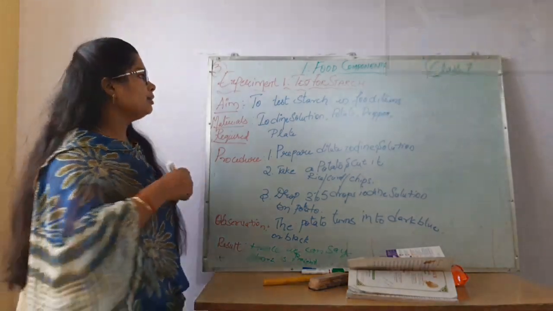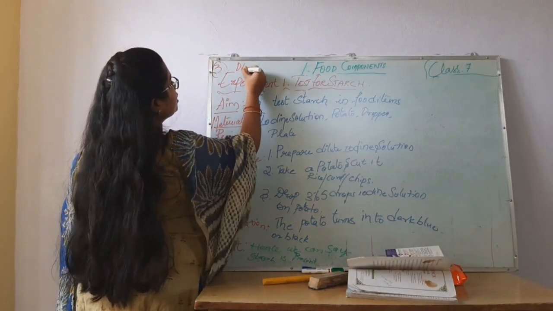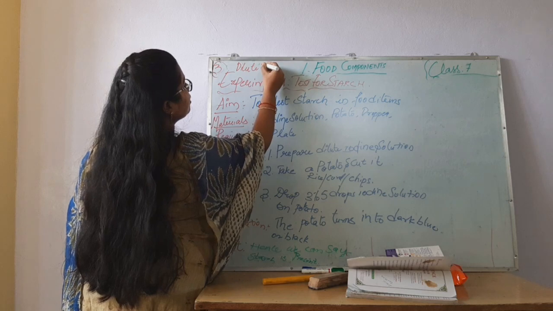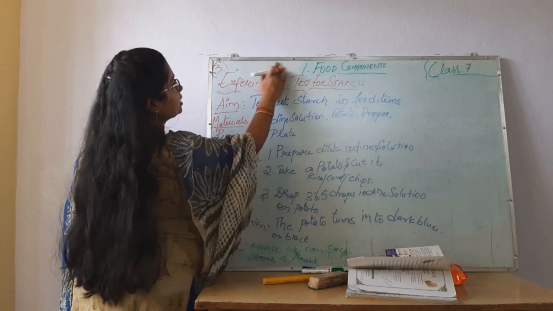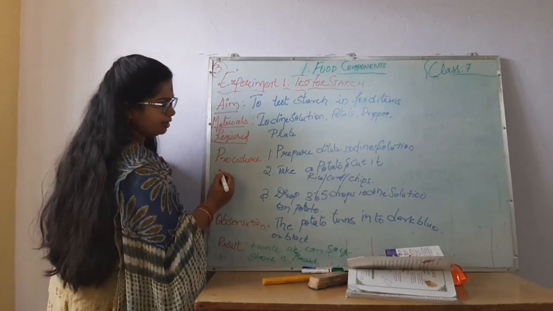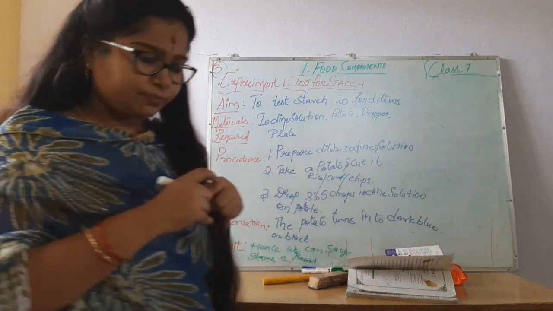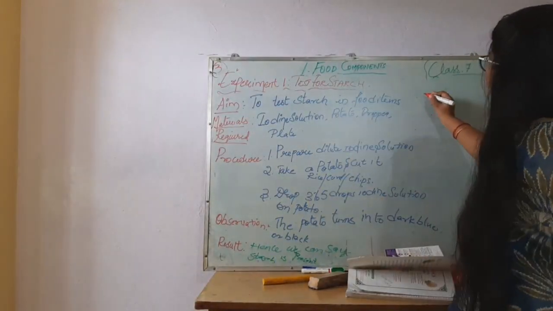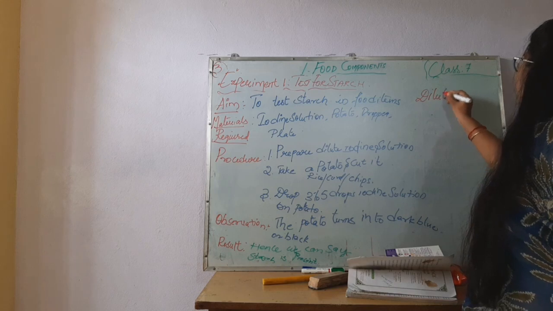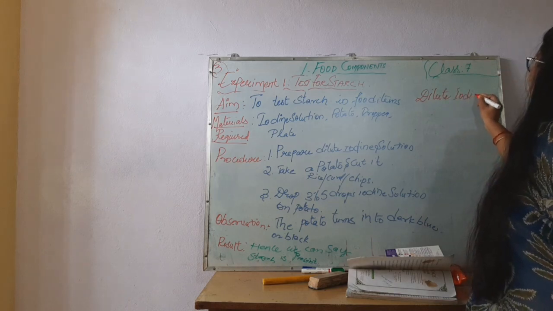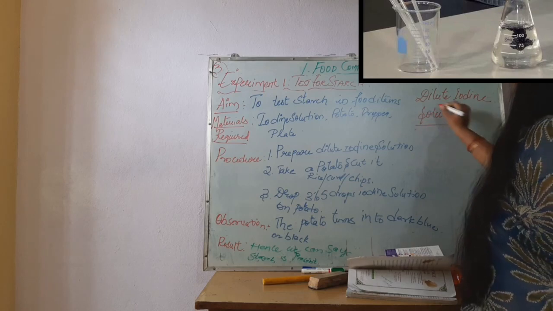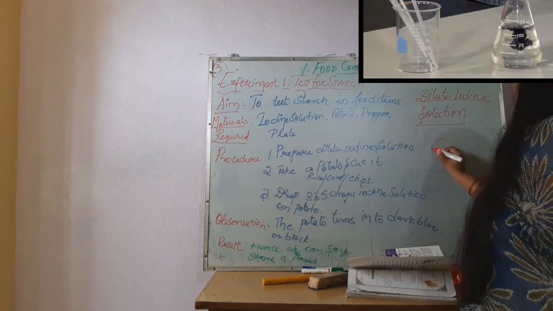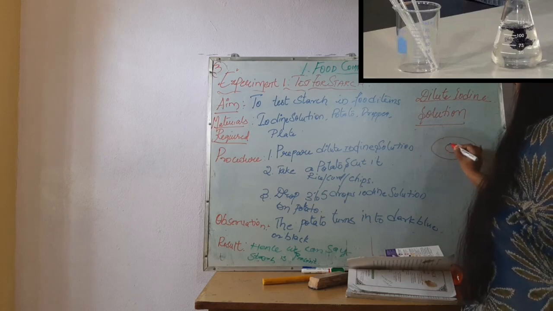So to prepare dilute iodine solution, you need to take iodine solution and add water to it, like water, isn't it? I'll write it there, wait. Dilute iodine solution. Take iodine solution and add 2 to 3 drops of water.